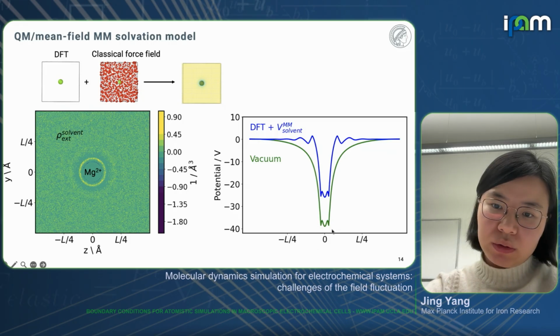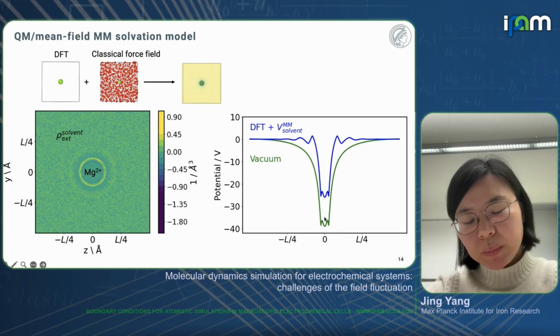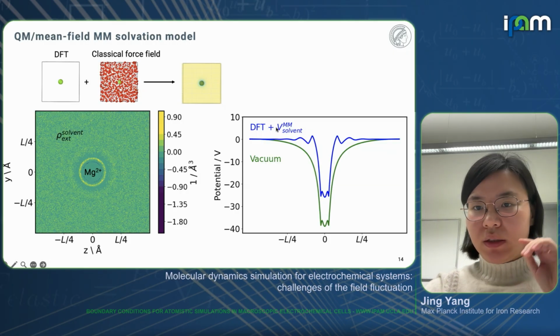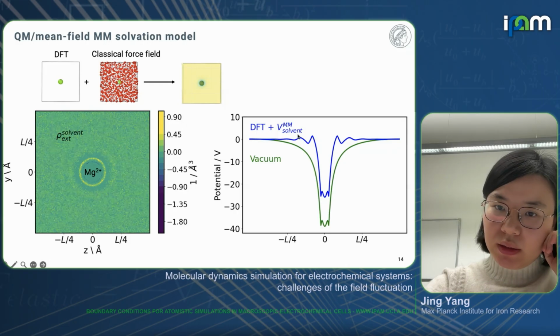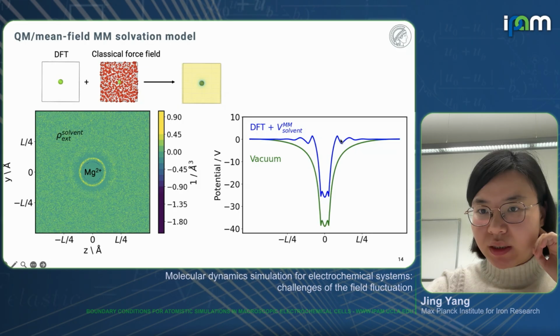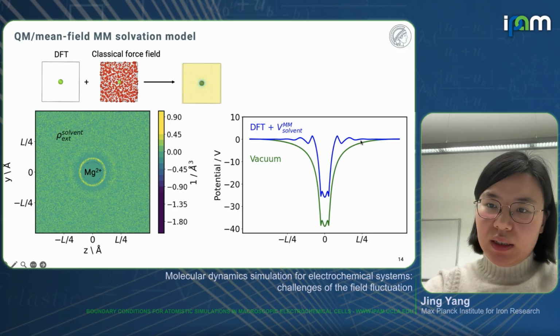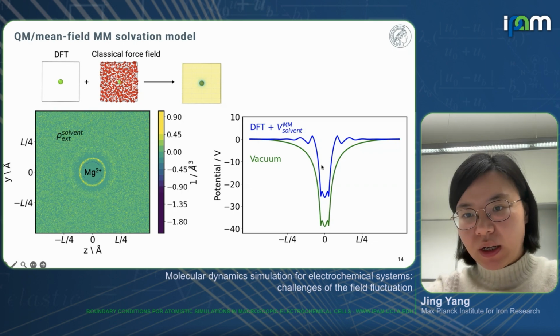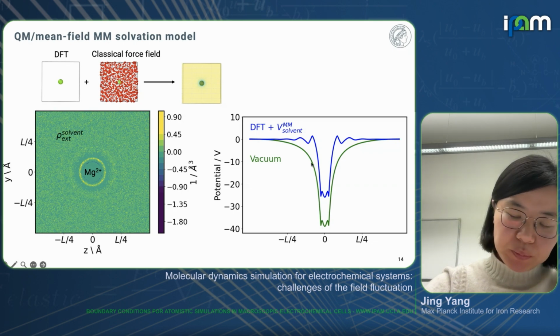This is caused by the 2+ charge of the magnesium. But then once you add this solvation potential from water, you see these oscillations around the magnesium, again showing the formation of the solvation shell. And then the potential goes to a flat potential when you go far away from the magnesium 2+.